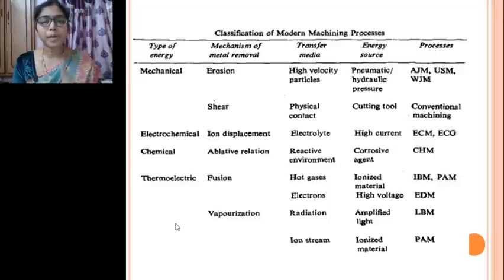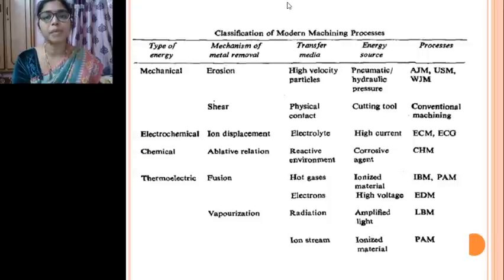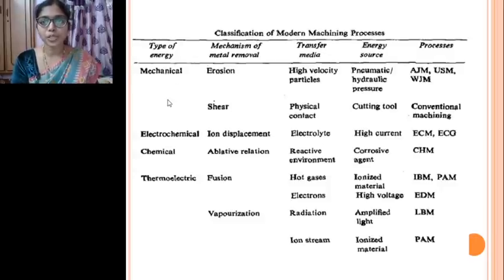Now in this present slide, you can see the classification of modern machining processes or non-traditional machining. They can be called by any name: unconventional, non-traditional, or modern machining process. The classification of these processes is given here. These are classifications based on the type of energy that is used.